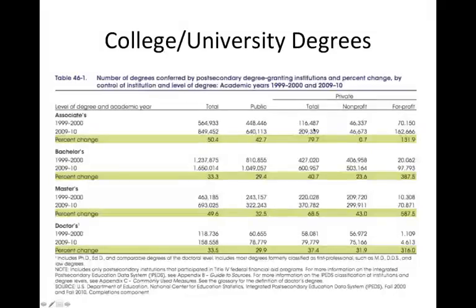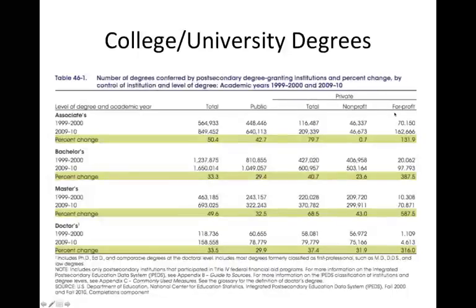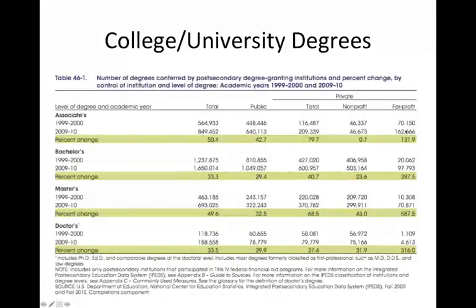Then this particular table shows public versus private, and within private, not-for-profit versus for-profit. You can see there's been a tremendous amount of growth in percentage terms from for-profit entities, and that growth actually explains a significant part of the overall growth as well.